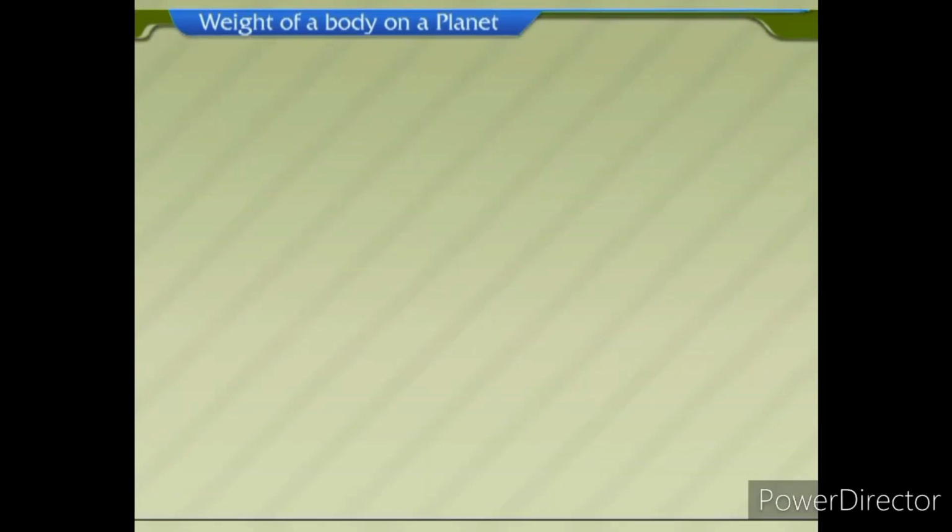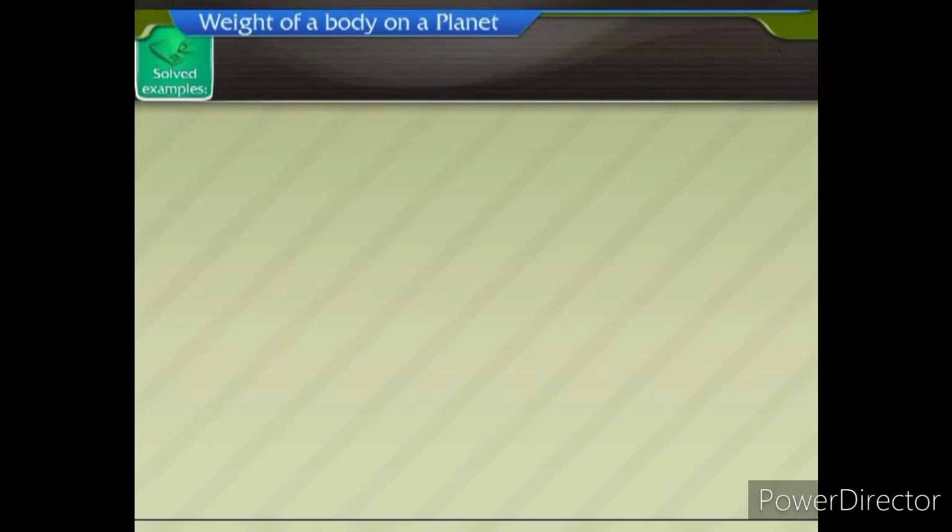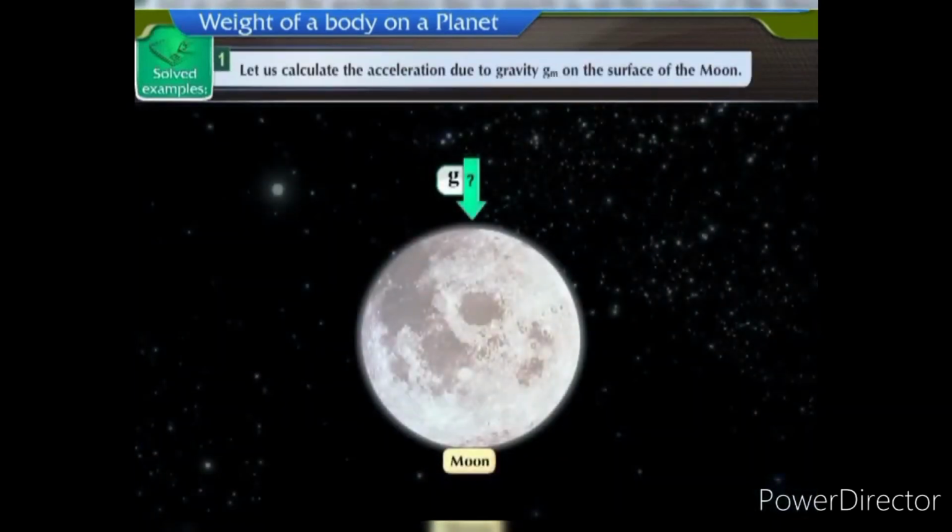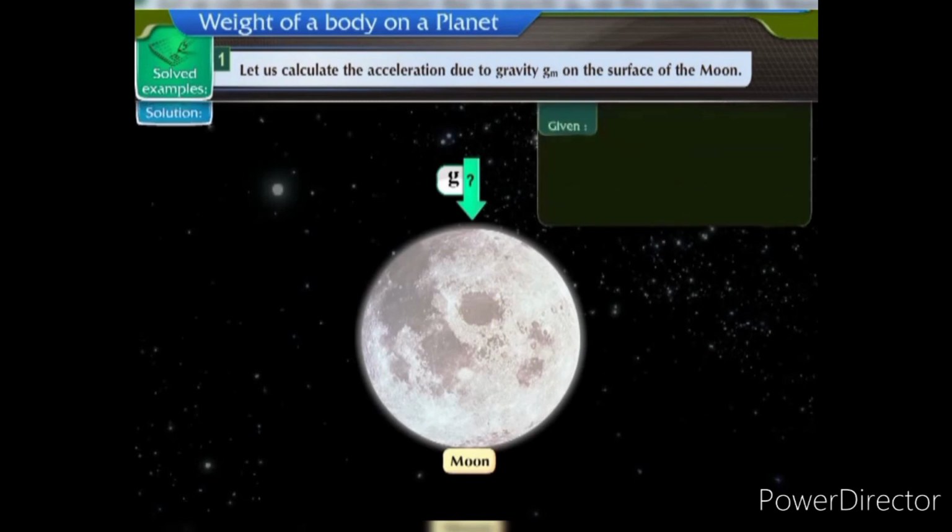Solved example 1. Let us calculate the acceleration due to gravity, gm, on the surface of the Moon. We know Mm, the mass of the Moon, is equal to 7.4 x 10^22 kilograms.